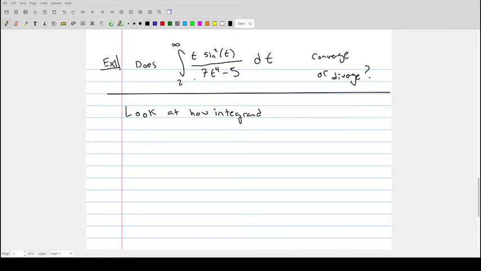In this case, this is our function that we're looking at. We'll call it f of t. Is behaving what's called asymptotically.